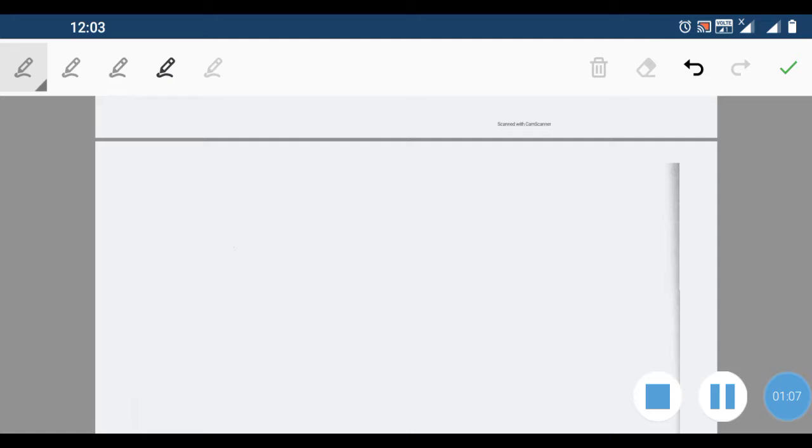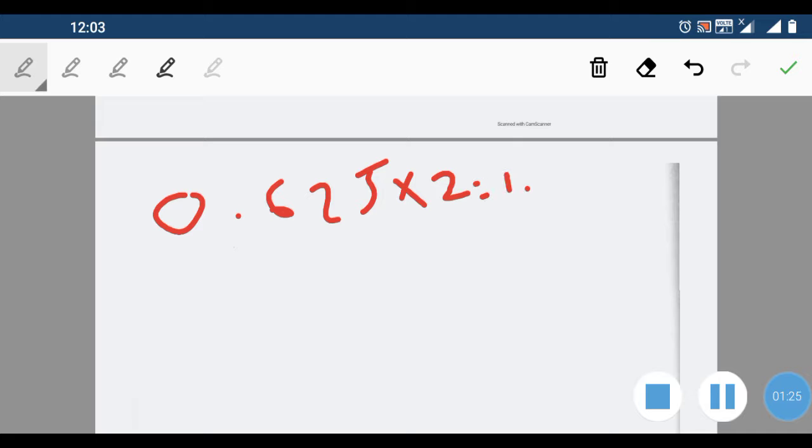Now the decimal part of this number, the fractional part, is 0.625. In order to convert that number into binary, first of all you have to multiply it with 2. So the answer is 1.25, and out of that you take the integer part, 1.